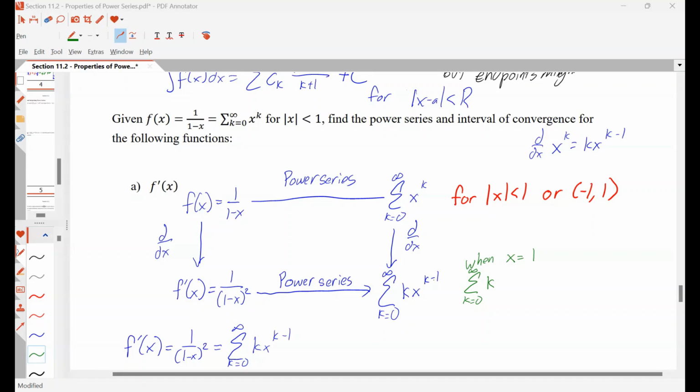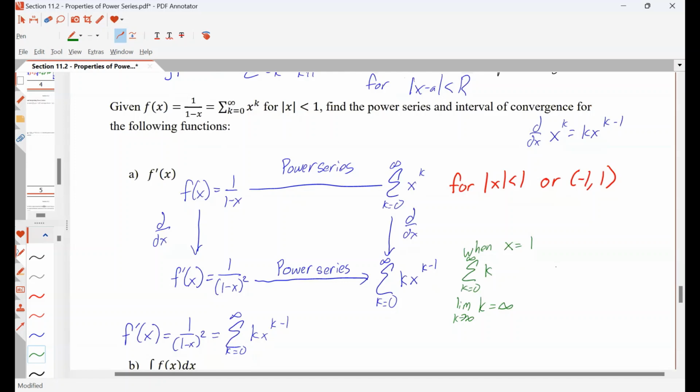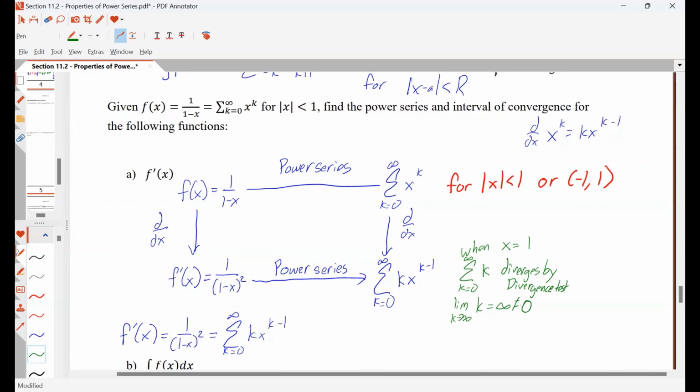So this x to the k minus 1, when x is 1, is just 1. And the limit as k goes to infinity of k is infinity. So this diverges by the divergence test, because infinity is not 0.